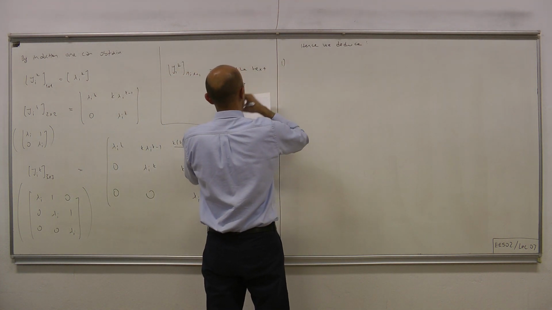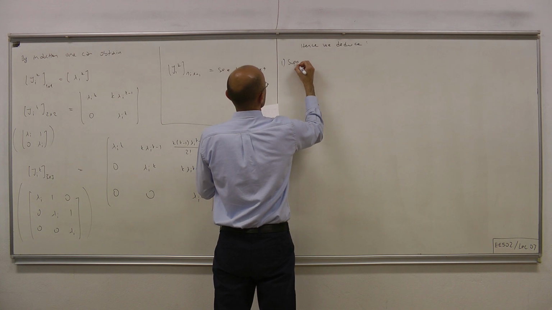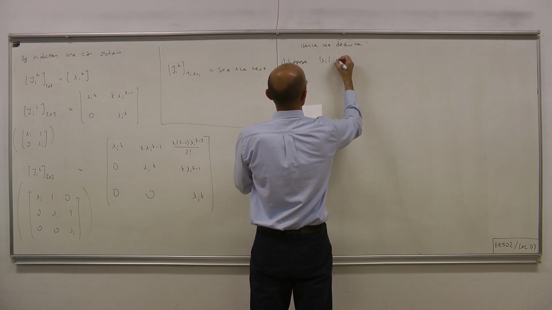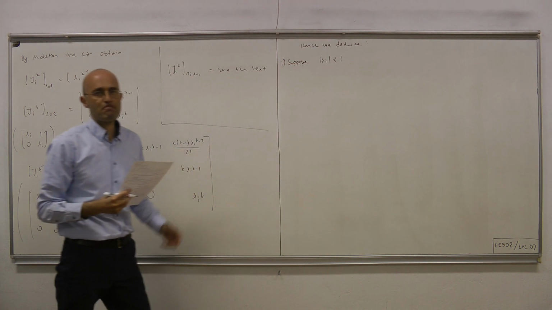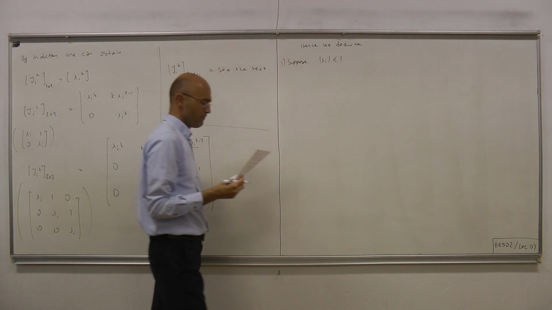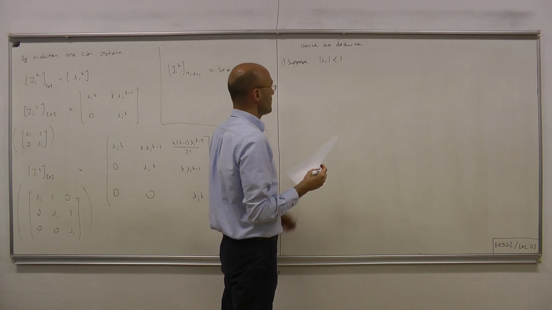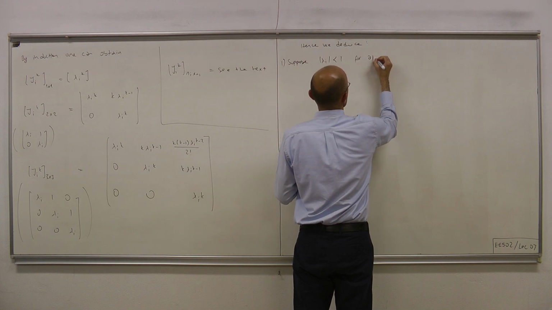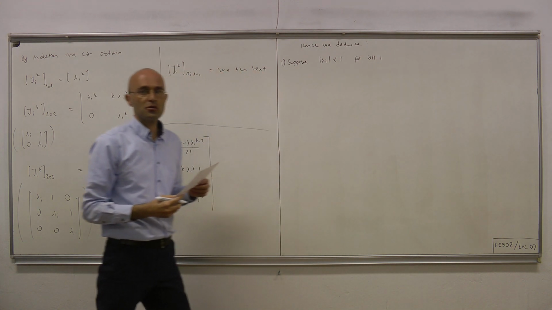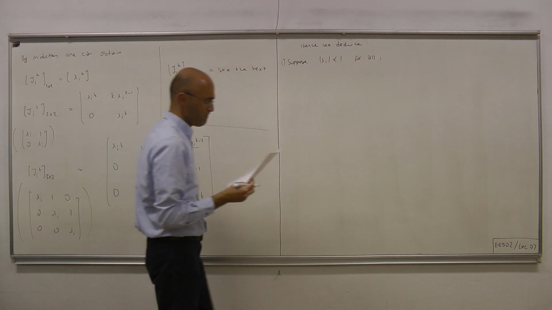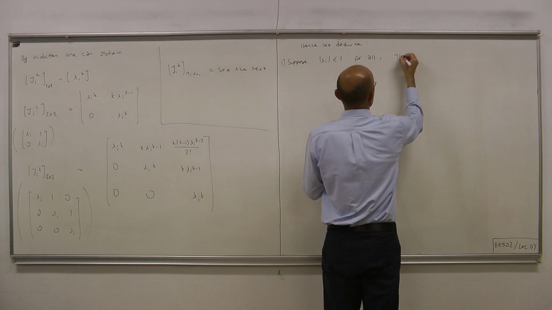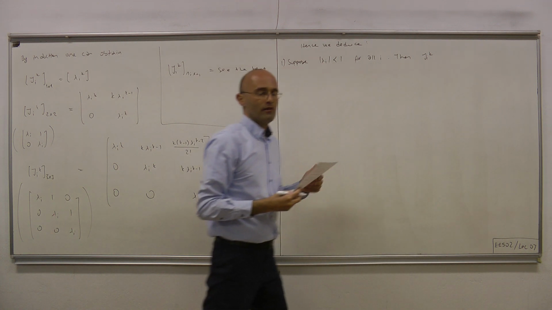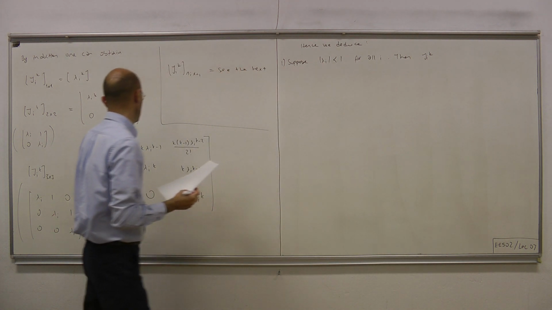Okay. 1. Suppose that the magnitude of the eigenvalue lambda i is strictly less than 1, and suppose this is true for all eigenvalues of A. Then J_i raised to the power k converges to 0.